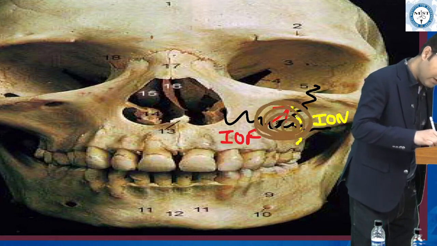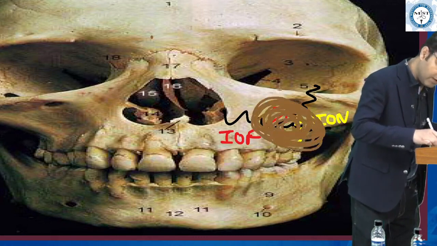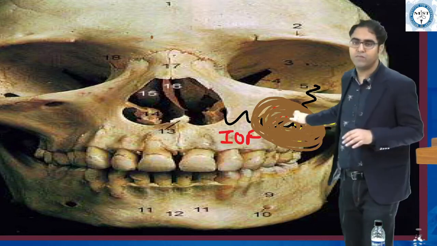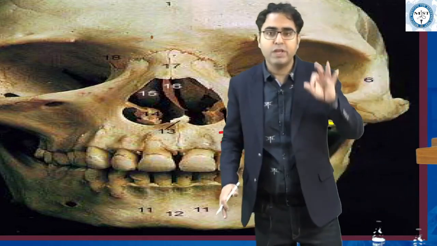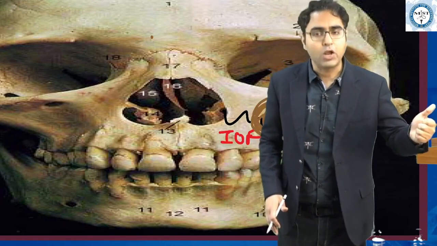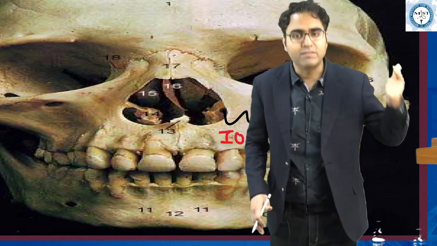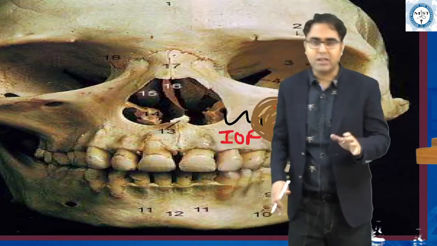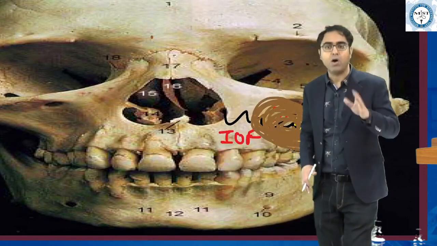Cancer of the maxillary sinus is also going to damage the infraorbital nerve. So three things can damage the infraorbital nerve. Number one, zygomatic fracture. Number two, maxilla fracture. Number three, cancer of the maxillary sinus. All these three things will damage the infraorbital nerve, and that leads to anesthesia of the cheek.